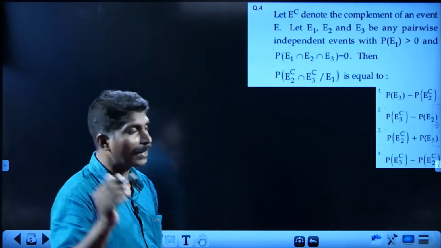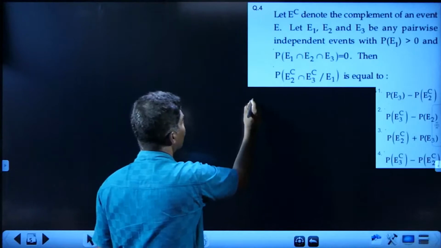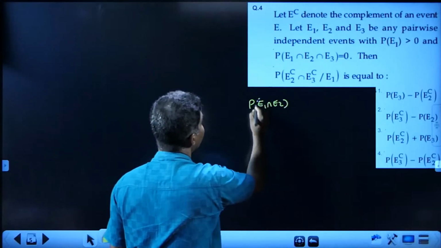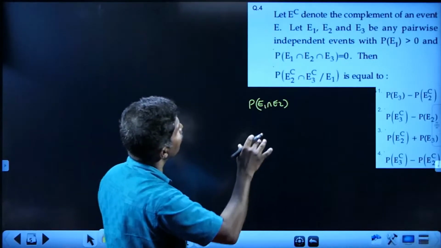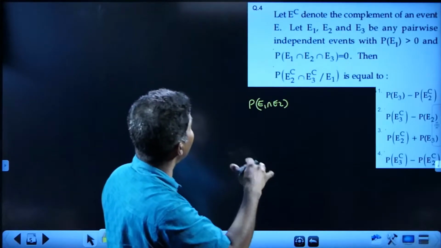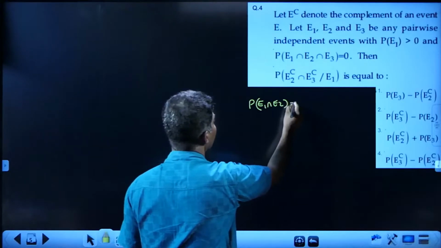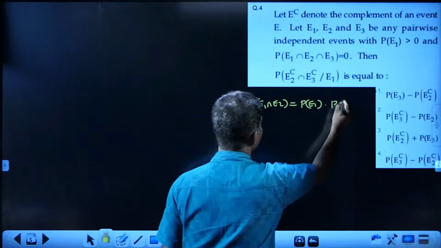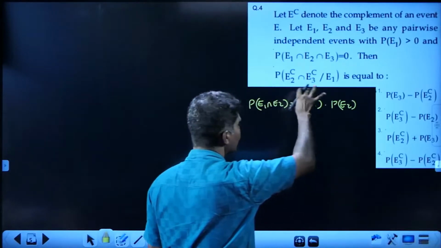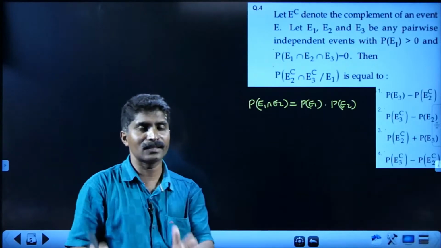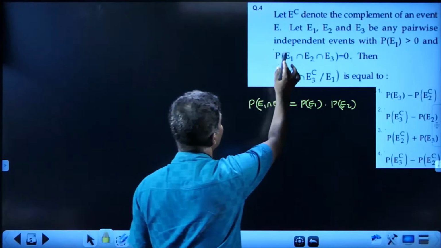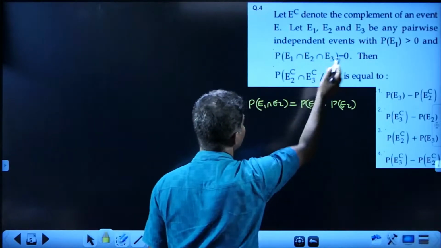Okay. So from here what you can write is probability of E1 intersection E2, they are pairwise independent. So you can write it as probability of E1 into probability of E2. The similar result satisfies for all other pairwise collections. Again it is given probability of E1 intersection E2 intersection E3 is equal to 0.